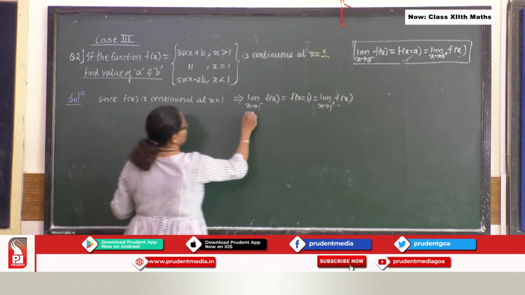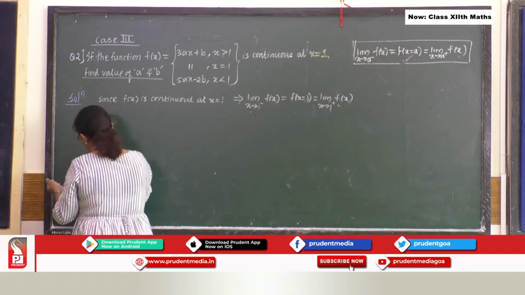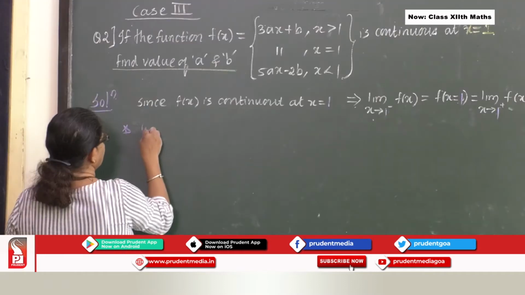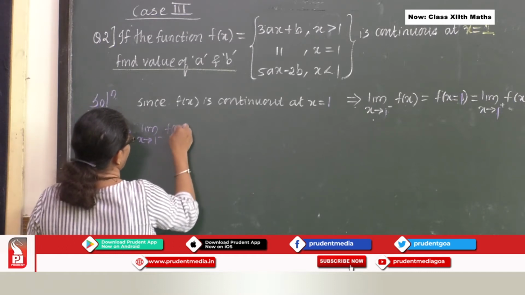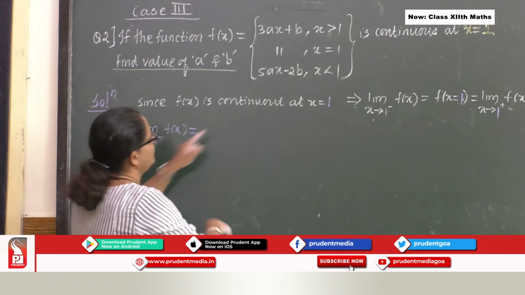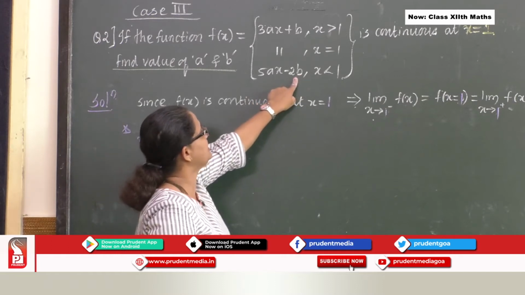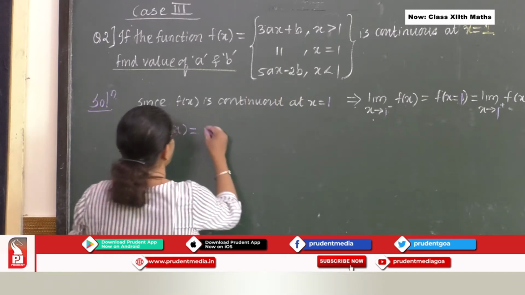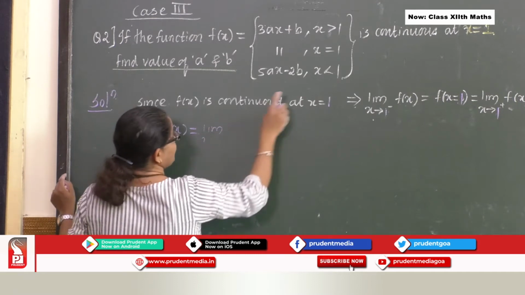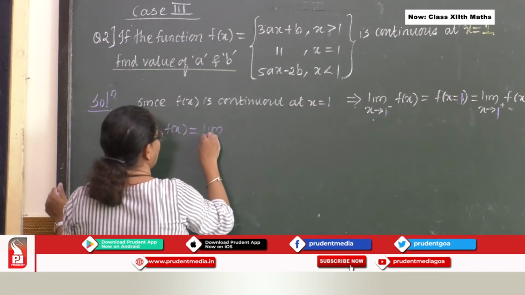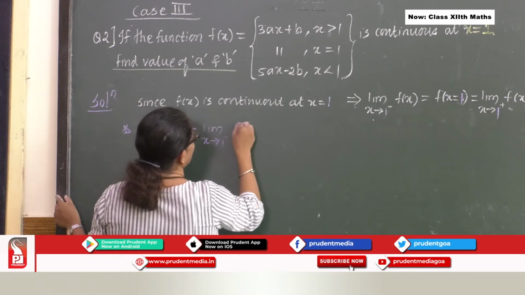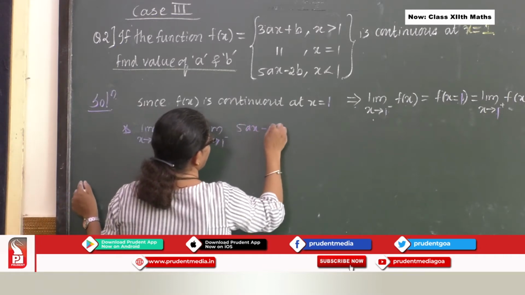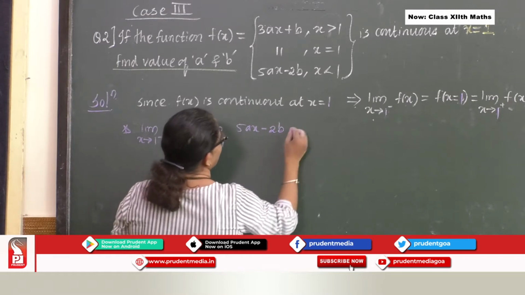So now let me start with the first part of it. I say limit x tends to 1 minus f of x. What is it? 1 minus. So all the values less than 1 I will consider here. So limit x tends to 1 minus, 5ax minus 2b.